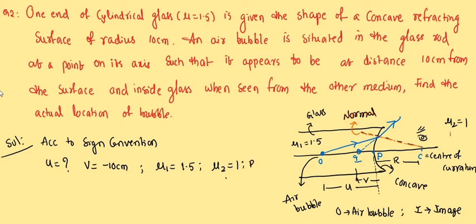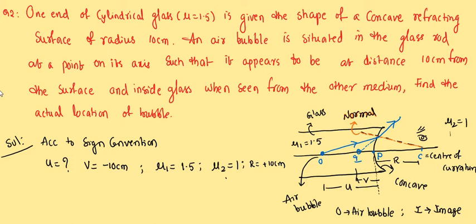The center of curvature is on the right side, for the concave surface, that's why we take the radius of curvature as positive. The value they gave is 10 centimeters. So R is equal to plus 10 centimeters.